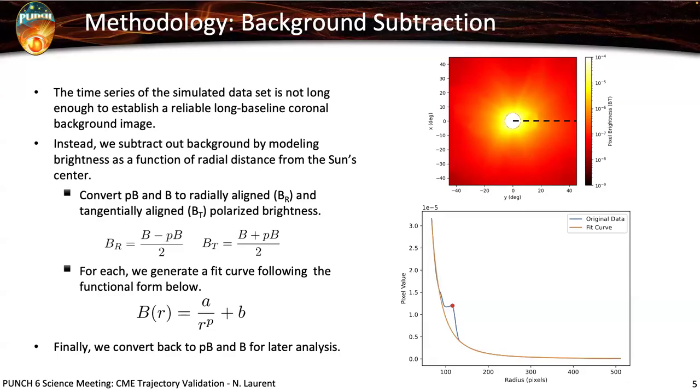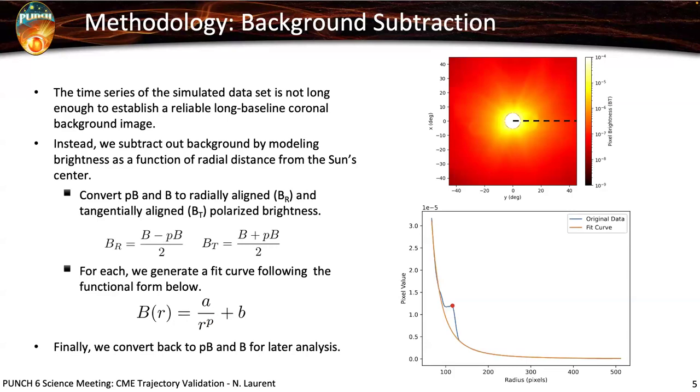So you see that on the lower right here. The fit curve is in orange and the original data is in blue. And so we do model that background, and the excess brightness in the original data in that blue curve is the CME. And that red point is the selected point on the front.